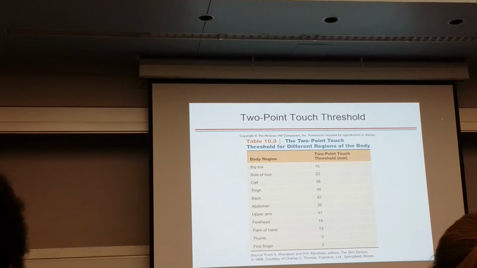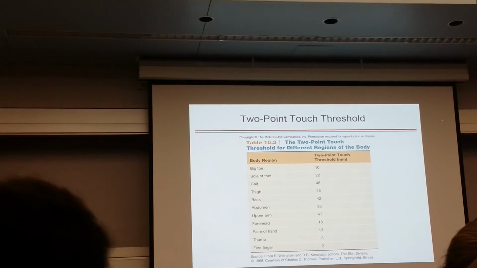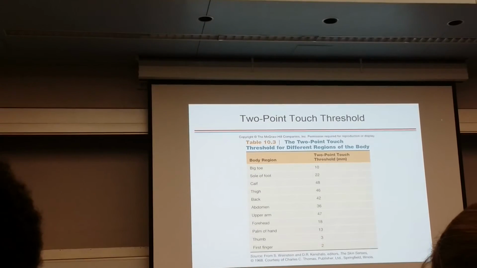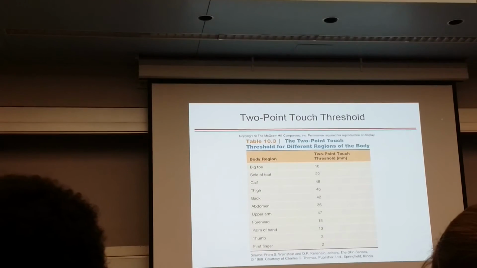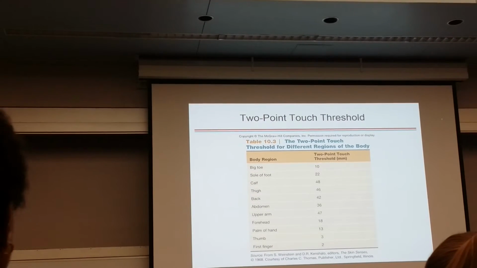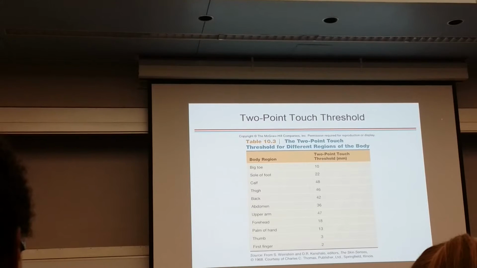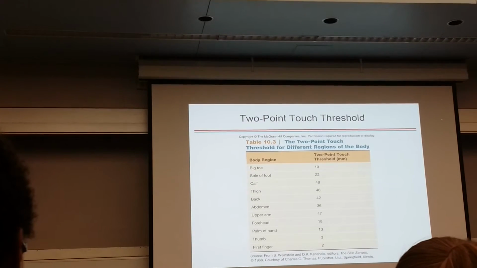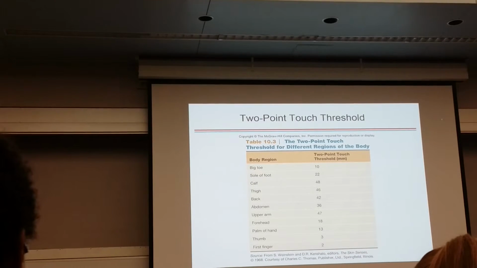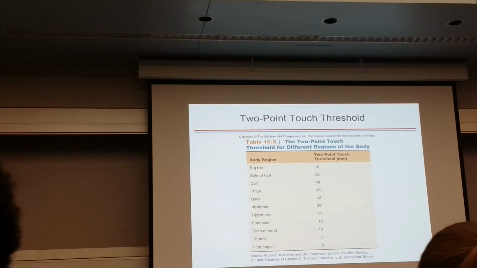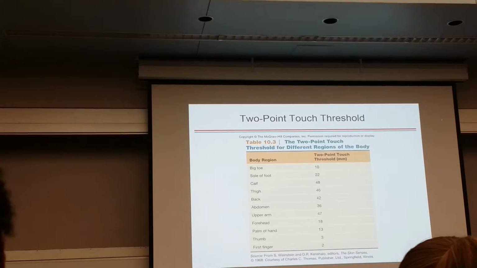If, for example, I'm going to do the big toe, it says 10 millimeters. So if I have a patient in front of me, I ask them to close their eyes, and I stimulate the big toe with 2 points at the same time, at a distance smaller than 10 millimeters, or at 10 millimeters, or at 7 millimeters, right?